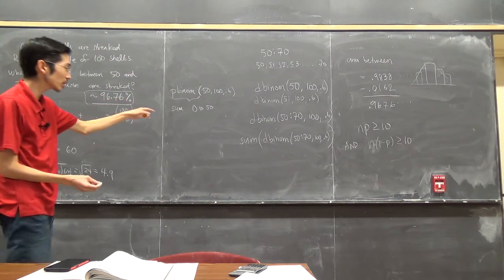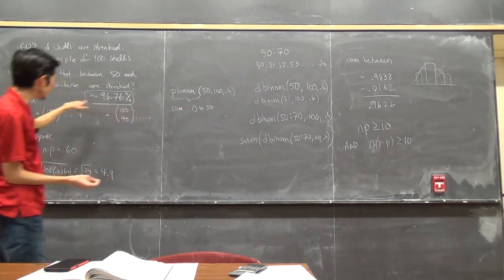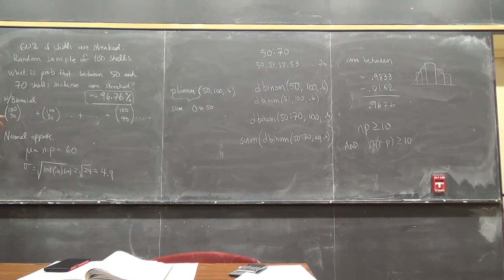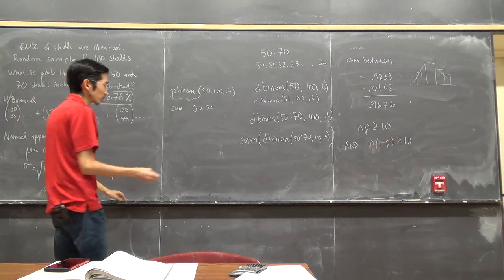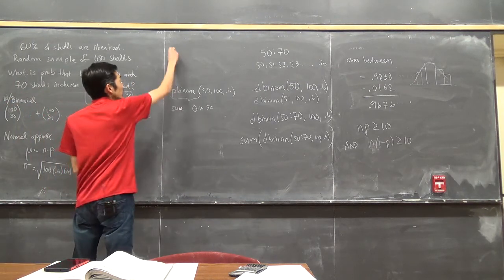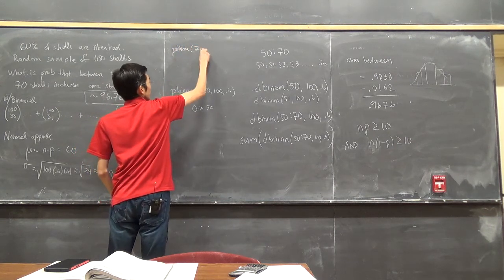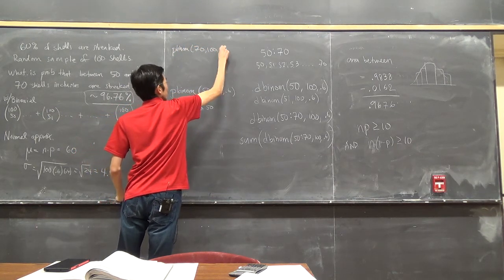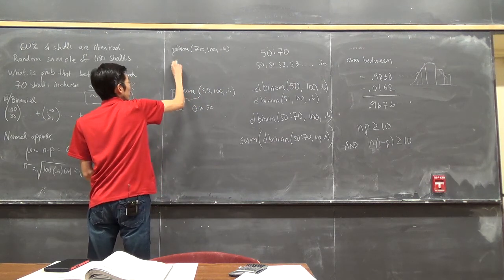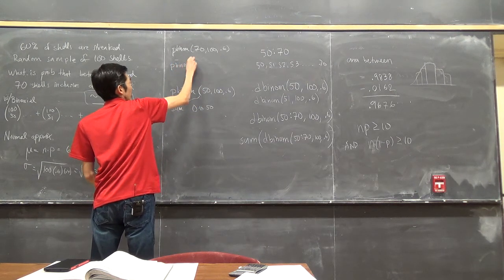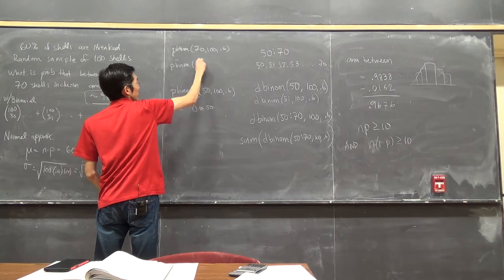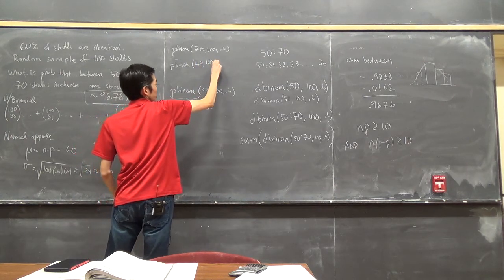So one way to answer this question would be to do sum(dbinom(50:70, 100, 0.6)), and another way to answer this question would be to do pbinom(70, 100, 0.6) minus pbinom(49, 100, 0.6).